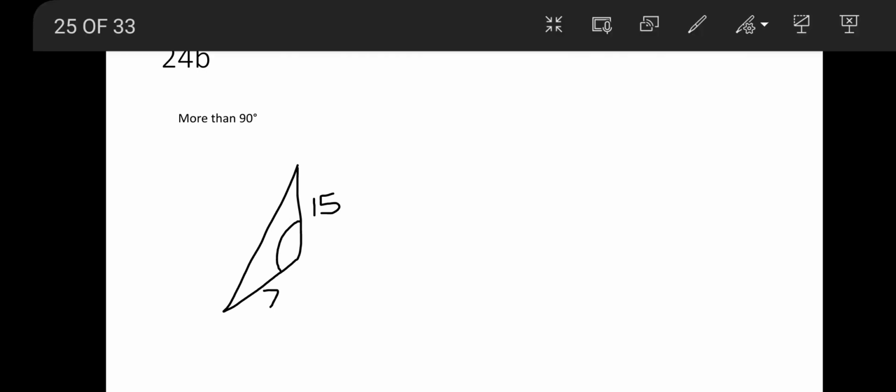So it must be more than 90 degrees, because we found that when ACB was 90 degrees, then the AB, or the hypotenuse, was 16.55. If the actual length of that is more than 16.55, then the angle must be greater than 90 degrees, as I'm sure you can imagine by what I've drawn here.